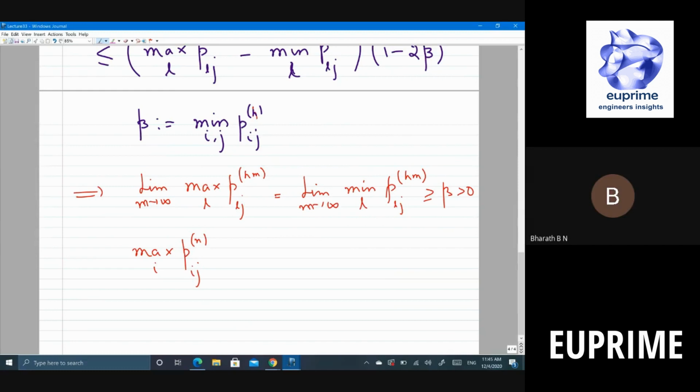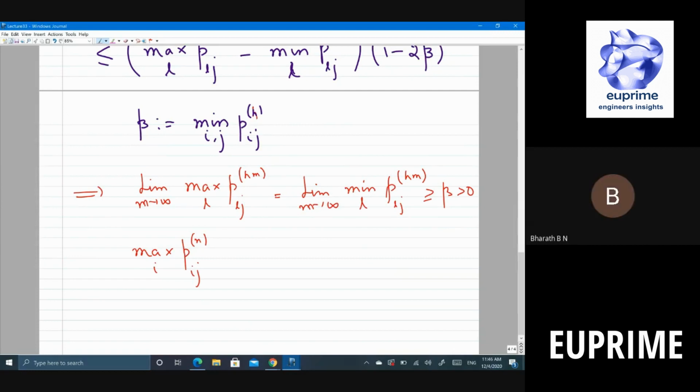What happens if I increase n? So it will decrease. Decrease or increase? Decrease.